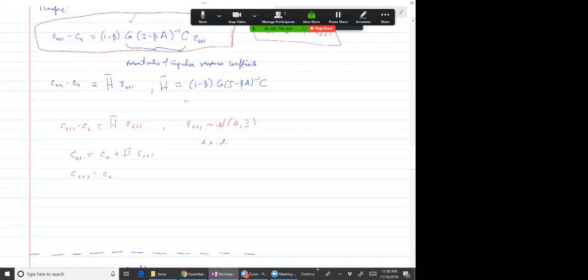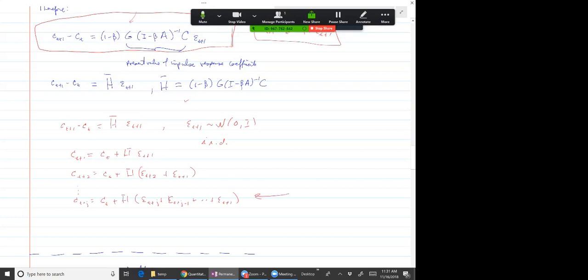It's equal to C_t plus h bar times epsilon_{t+2} plus epsilon_{t+1}. And so on. C_{t+j} is equal to C_t plus h bar times epsilon_{t+j} plus epsilon_{t+j-1} plus ... plus epsilon_{t+1}.